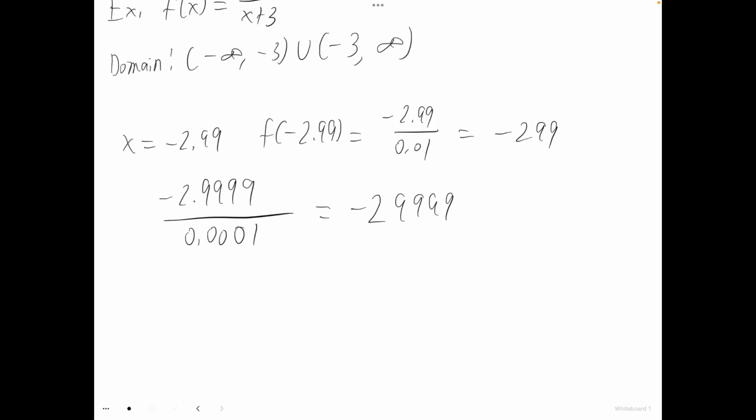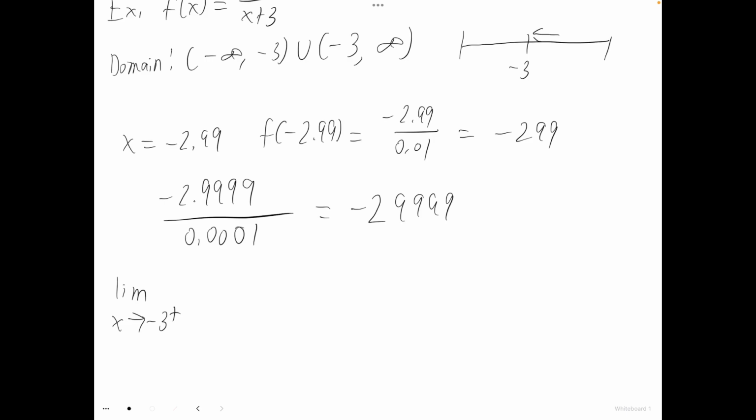I said from the left, but this is from the right. Notice I'm taking values that are above negative 3 on the number line. On the number line, negative 3 is here, and I'm taking values that are approaching from the right.